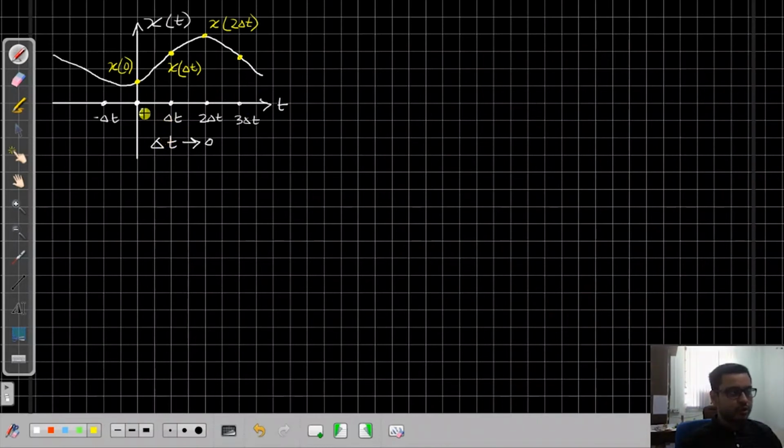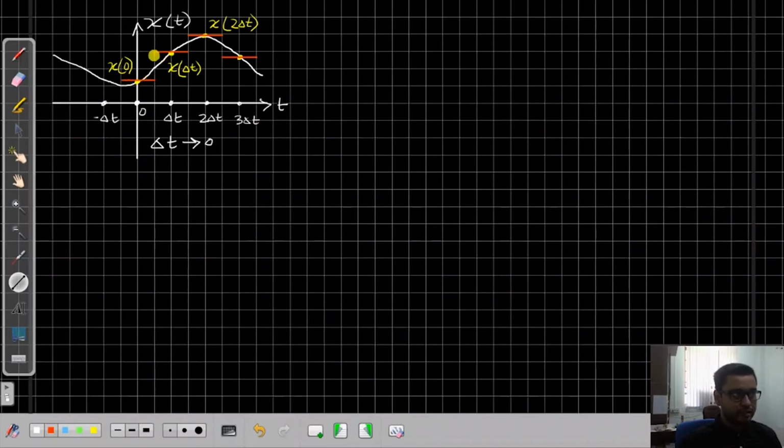Now what I can do is approximate this original signal as a piecewise constant signal which looks like this. In this region, I shall approximate the signal as a constant like this. Then from here to here, I will approximate as a constant signal like this. At this point, another constant signal like this. Here, another one like this.